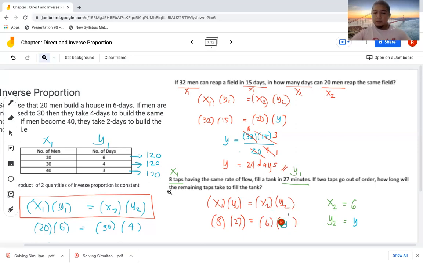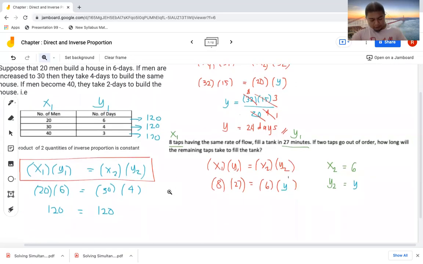So in here, you will now understand that you are going to solve for the value of y, which is just a simple calculation, the same procedure as what we did here. So 8 times 27 is going to be divided by 6. So from here, you know that we can cancel 8 and 6 by 2. So this is going to give us 3, and this is going to give us 4.